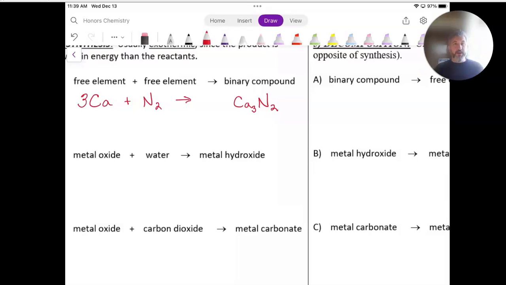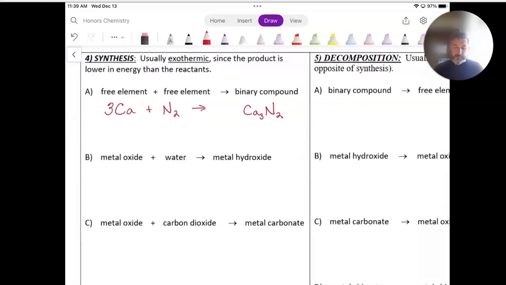And there we go. And that is our first type of synthesis reaction. Free element plus free element come together to give us a binary or 2-part compound, the 2 parts being calcium and nitride.